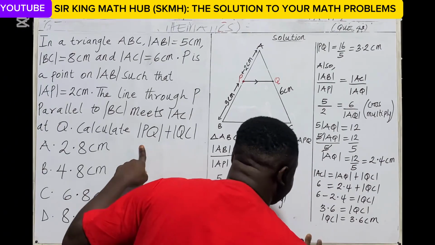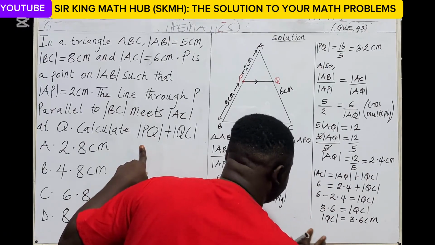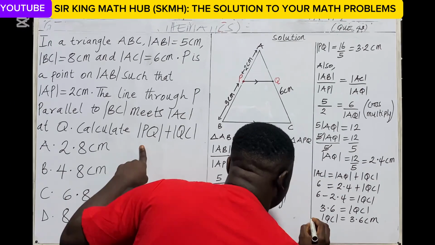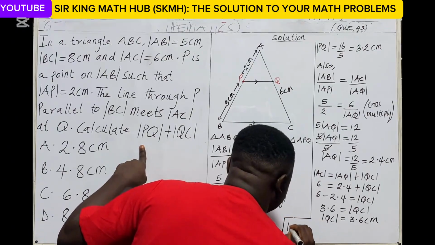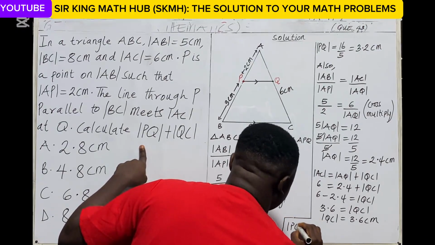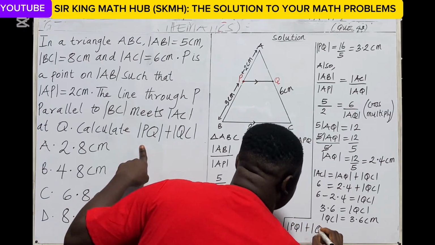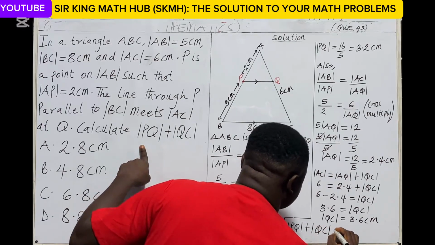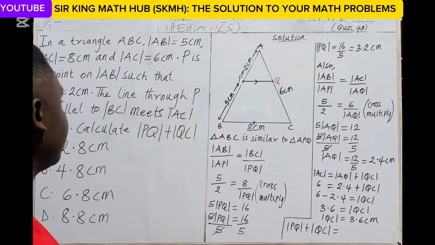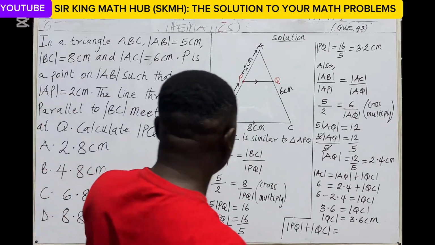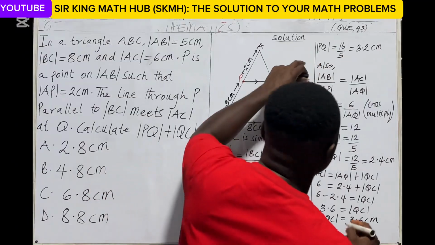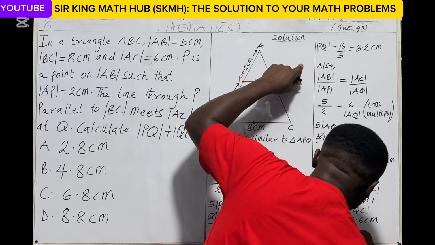So with this, we can easily evaluate the length of line PQ plus the length of line QC. What is the length of PQ? PQ, we had 3.2 centimeters.